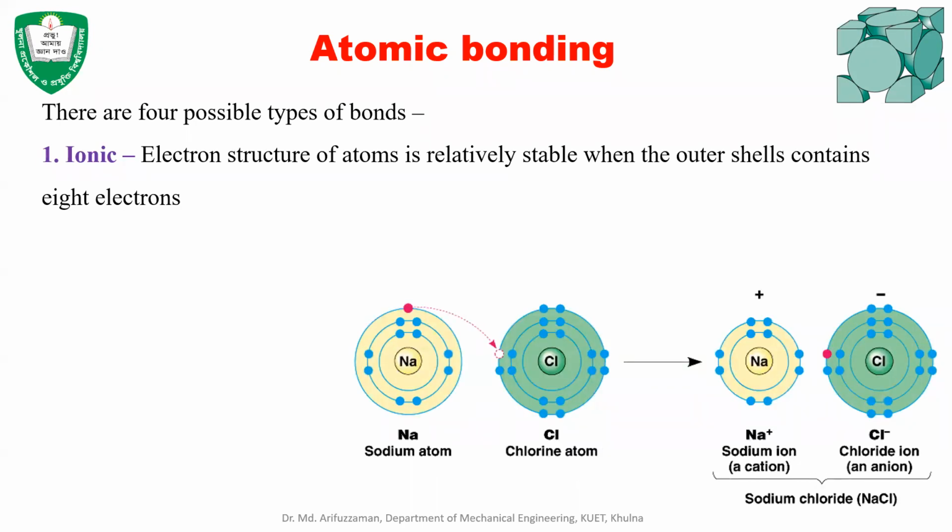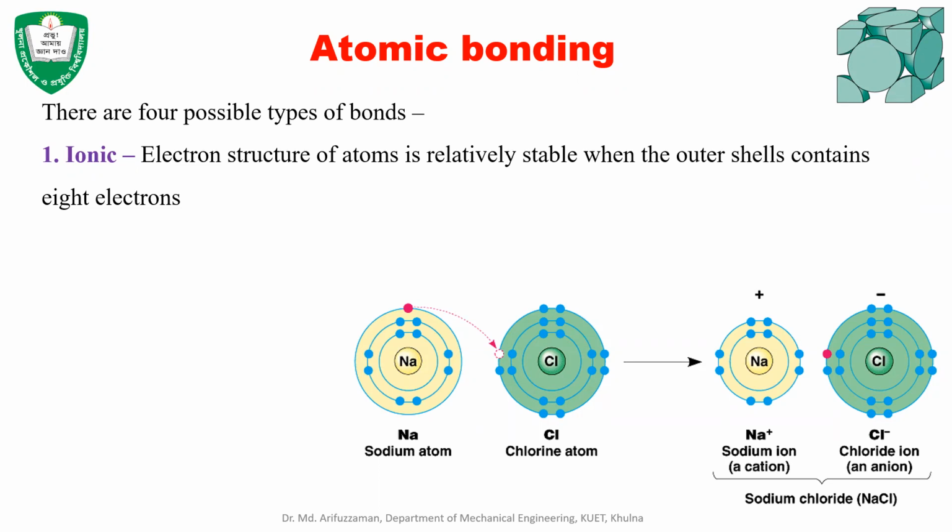One example is here: sodium contains only one electron in its outer shell, but chlorine lacks one electron in its outer shell, and that's why chlorine attracts. Sodium has the tendency to release that electron, and chlorine has a tendency to take an electron from somebody else to make the outer shell have the possible 8 electrons.